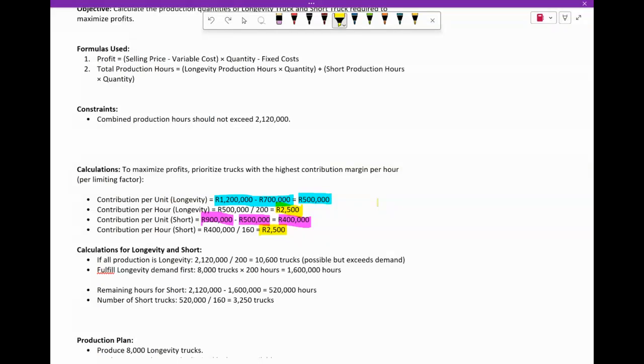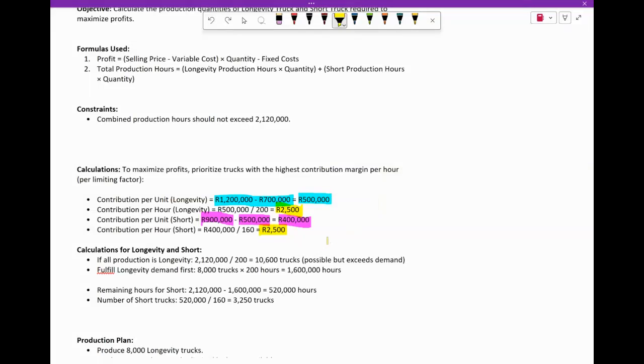You need to look at the number of projected sales. Why? Because that's an indication of demand. Does that make sense? So which product has the greater demand is what we should focus on producing all of, and then we move to the next product and say, whatever we have left, we'll produce for this product which has lesser demand.